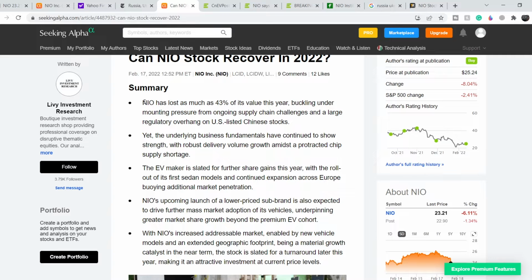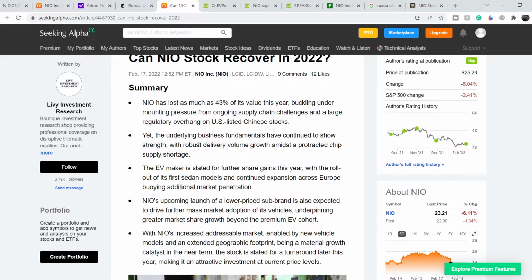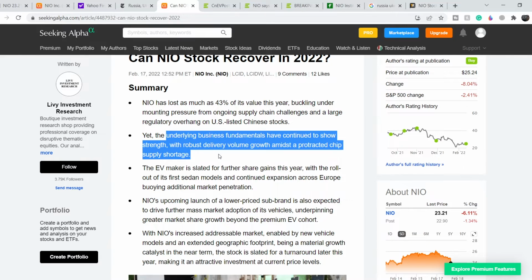NIO has lost as much as 43% of its value this year, buckling under mounting pressure from ongoing supply chain challenges and a large regulatory overhang on US-listed Chinese stocks. Yet the underlying business fundamentals have continued to show strength, with robust delivery volume growth amidst a protracted chip supply shortage.